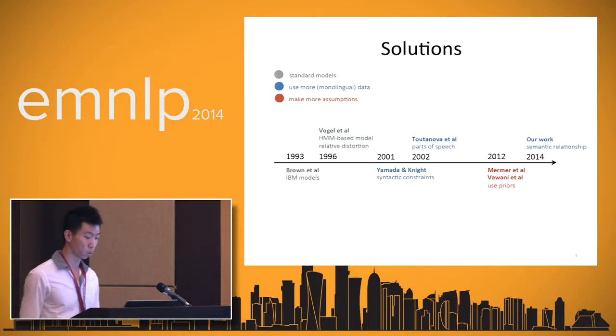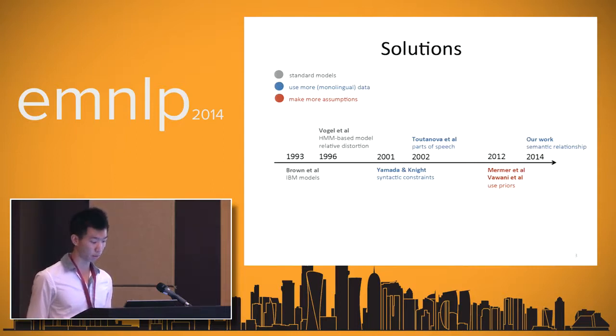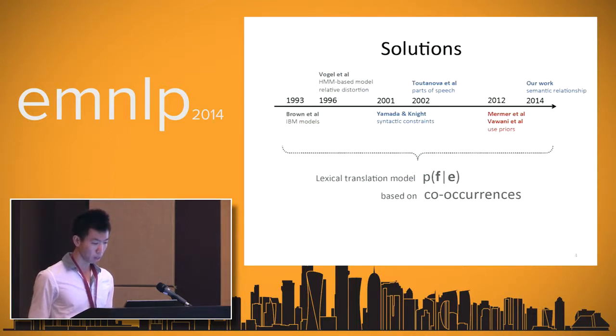We could roughly divide the previous work into two categories. One uses more information or more knowledge, like syntax or part of speech, and the other makes additional assumptions, like the sparsity assumption in the L0 prior work. But in all the previous work, the word alignment models are built upon the lexical translation model, which is the probability of f given e, the probability of the word f being a translation of the word e.